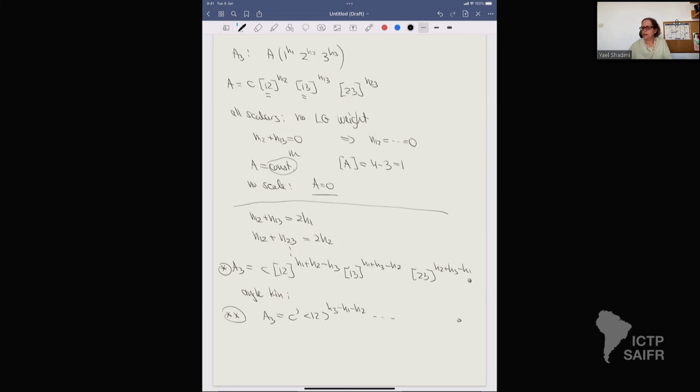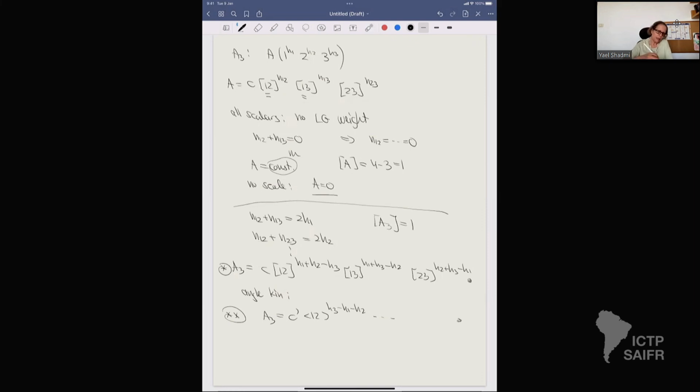Okay, so this is something that we're going to see now. So let's again look at dimensional analysis. So remember that this is a 3-point amplitude. So A3, its dimension is just 1.